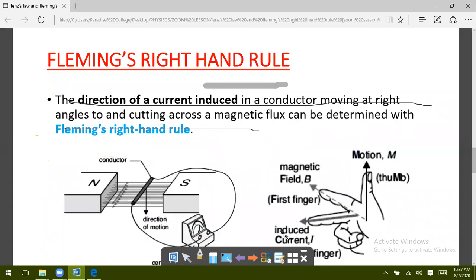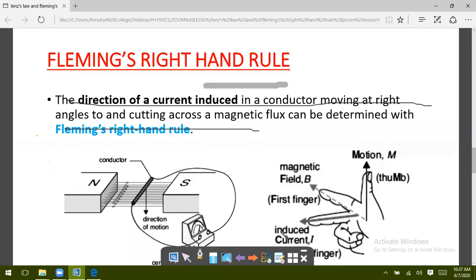Fleming's left-hand rule is the one that we use to identify the current direction given the magnetic field and the force direction. This time it's Fleming's right-hand rule. The direction of current induced in a conductor moving at right angles to and cutting across a magnetic flux can be determined with Fleming's right-hand rule.